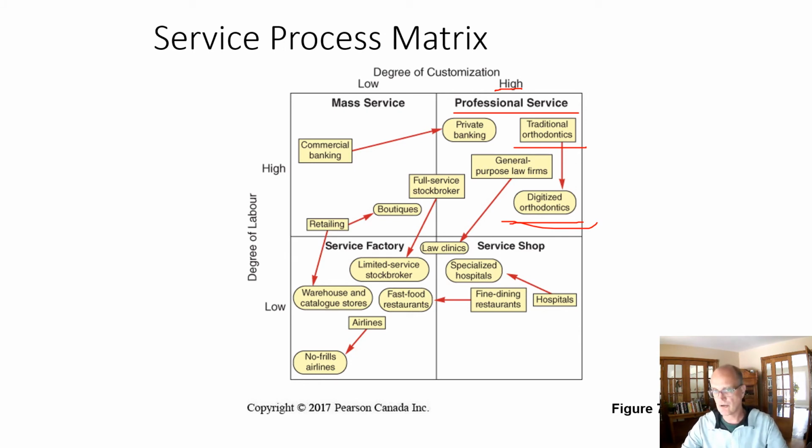Again, general purpose law firms, customized, although it's not quite as customized as orthodontics. You do a will, there's some standard boilerplate elements. Law clinics will have even less customization.